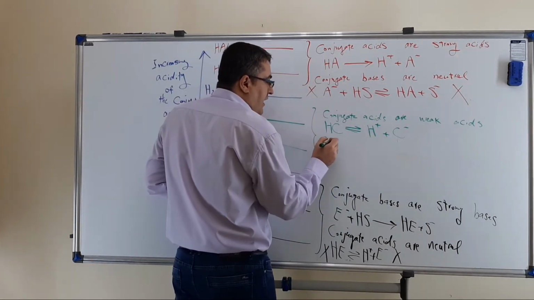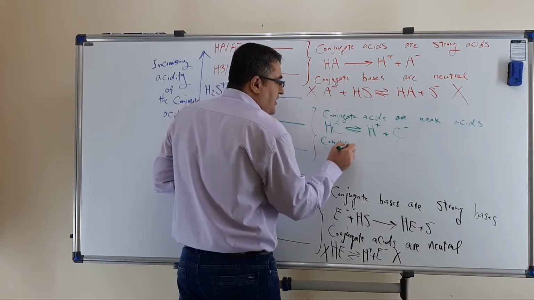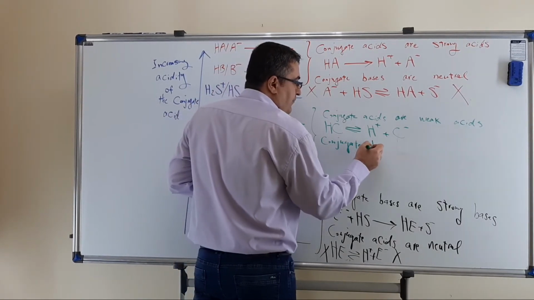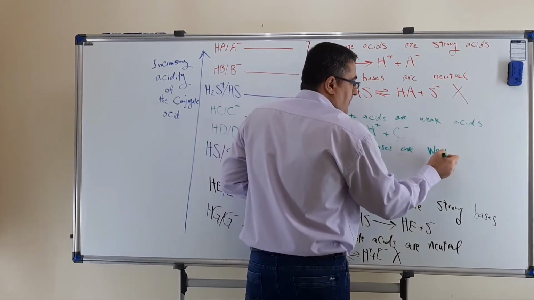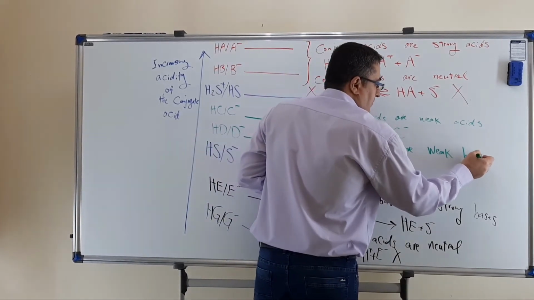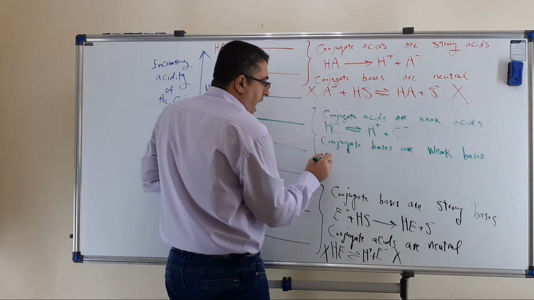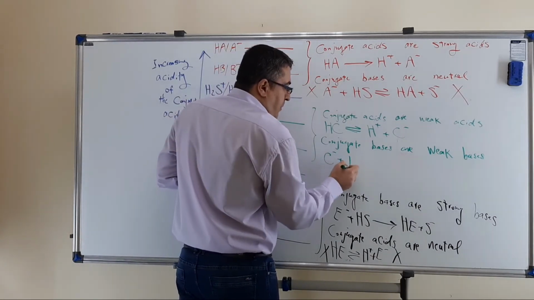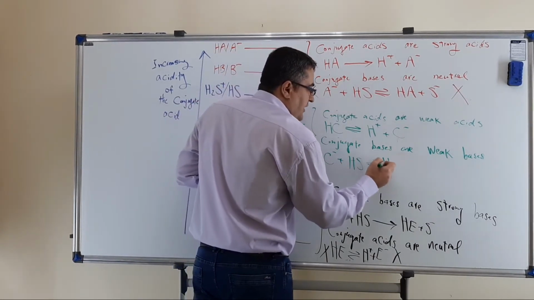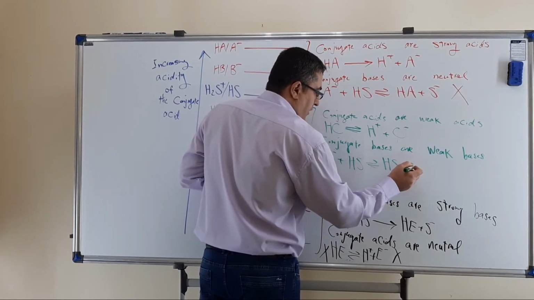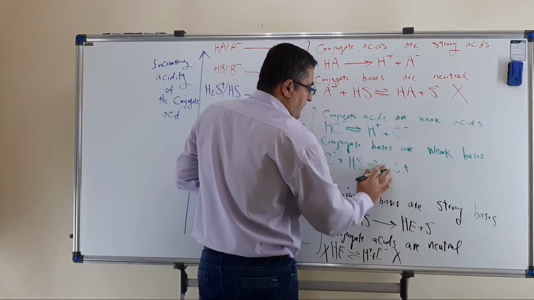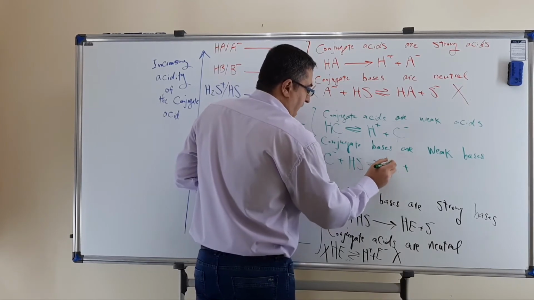On the other hand, for them, we consider conjugate bases as weak bases, and consider base dissociation reactions for them in the form of equilibrium reactions.